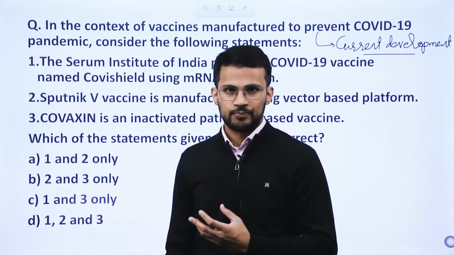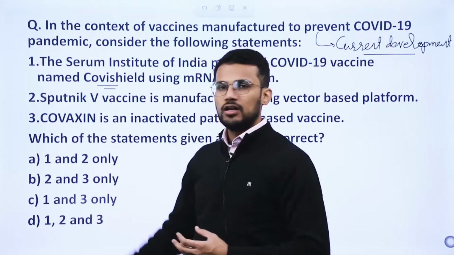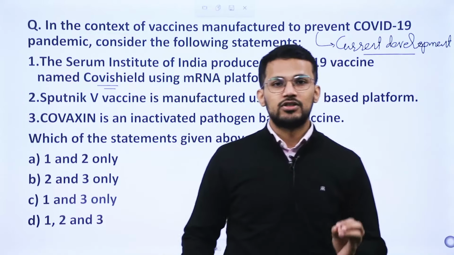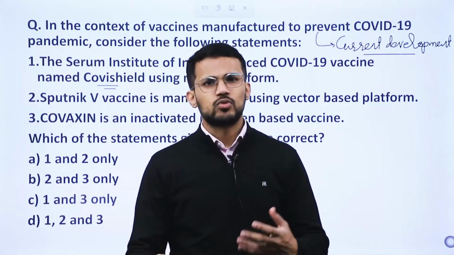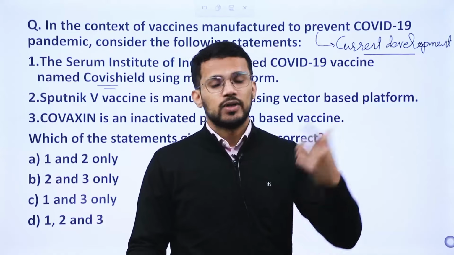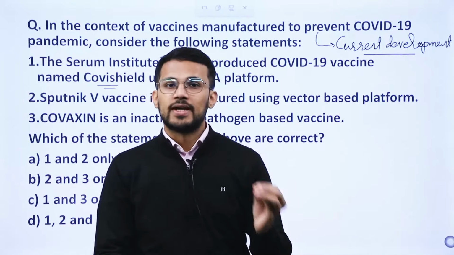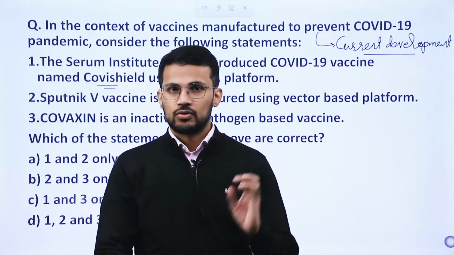these things, that Covishield is a vaccine developed by the Serum Institute of India, and it was widely used in India as well as exported to other countries, and here it was a viral vector vaccine, right?